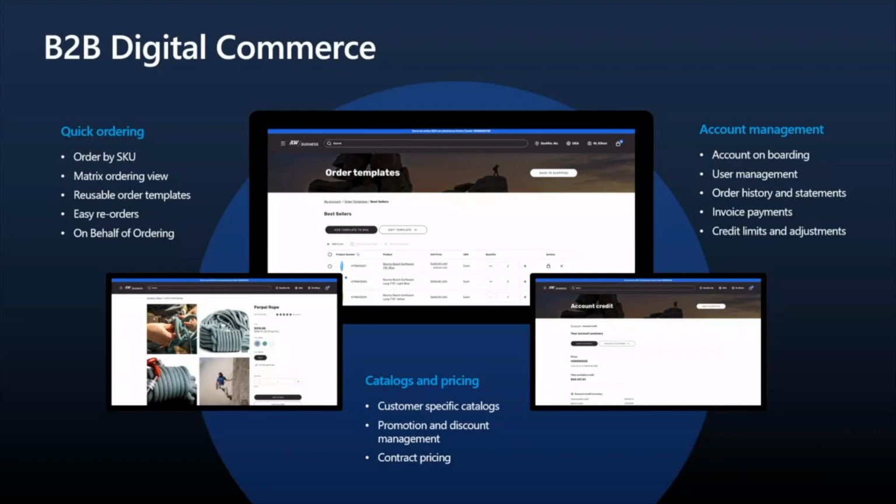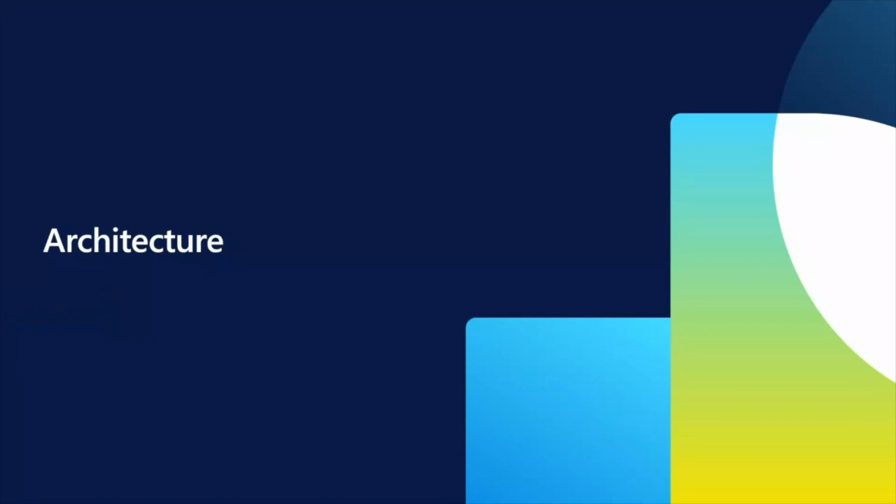It empowers the customer to decide when, how, and where they want to purchase. It brings the powerful, intelligent, and user-friendly capabilities of B2C commerce to your business partners. Here are some high-level features which Commerce provides out of the box: quick ordering, order on behalf, account management, customer-specific catalog, and contract pricing.